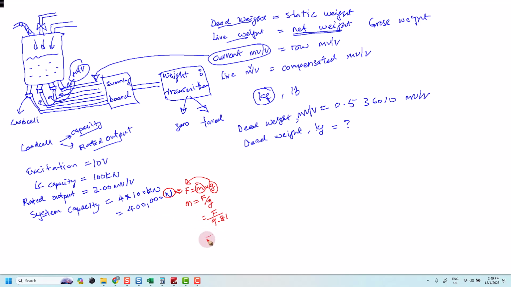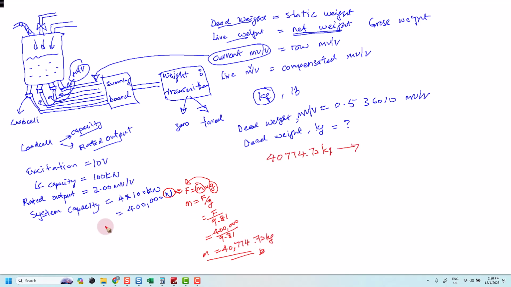This is equivalent to 400,000 divided by 9.81, and then you will get about 40,774.72 kilogram. This is the system capacity in kilograms.